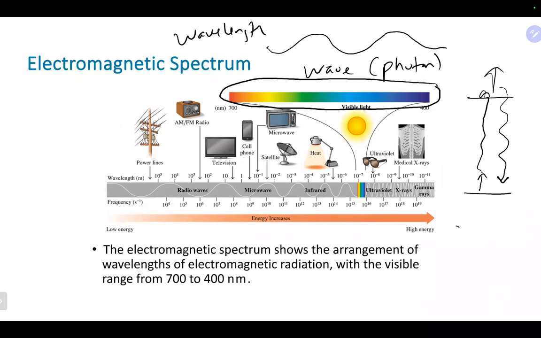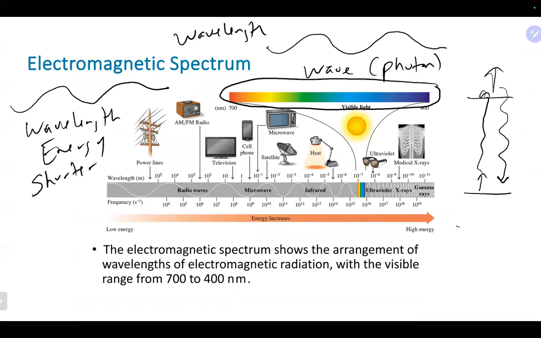Now, there are different parts of the electromagnetic spectrum, and the relationship between wavelength and energy is this: the shorter the wavelength, the higher the energy.